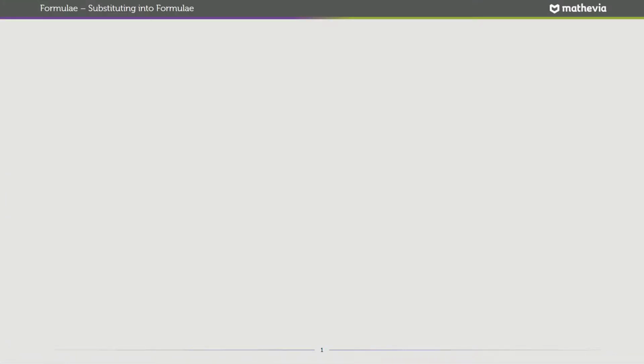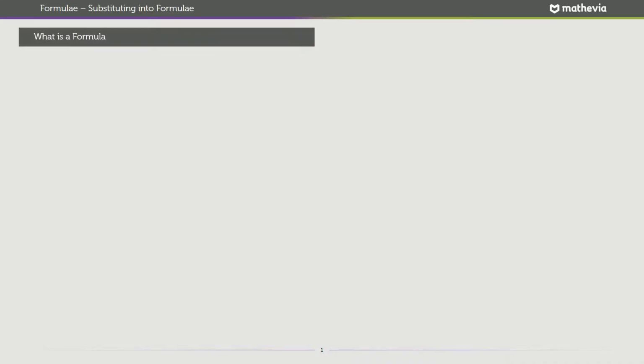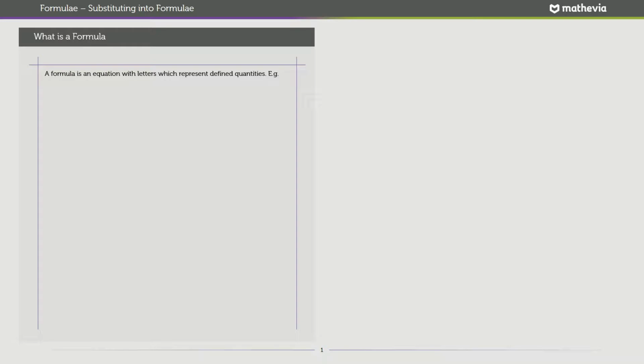So, formulae: substituting into formulae. A formula is an equation with letters which represent defined quantities. At this point you should pretty much know what a formula is, and we use formulas to solve for certain quantities, with different variables or parameters.